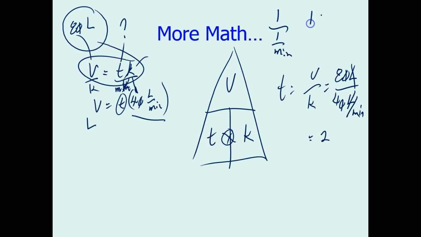You could write this as 1 divided by 1 over a minute. How do you divide fractions? Flip and multiply. 1 times minute over 1. So your answer will be in minutes. And sure, it does make sense. That's a good time measurement. So, sure, 2 minutes.